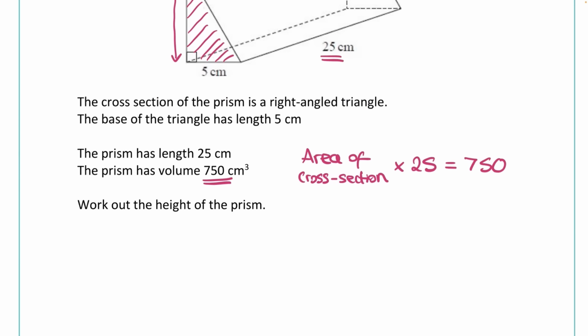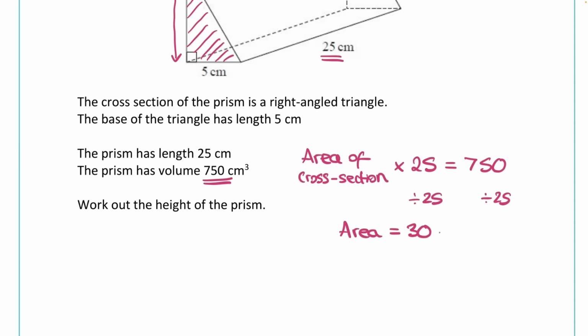Well, if we want to know what the area of the cross-section is, we would do 750 divided by 25, and there we go, that tells us it must be 30.